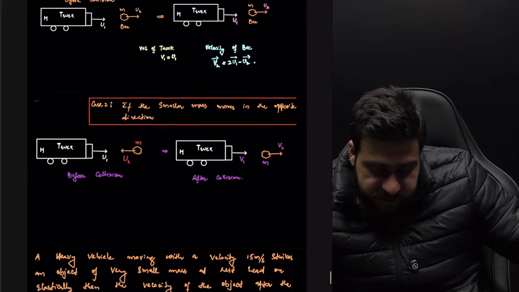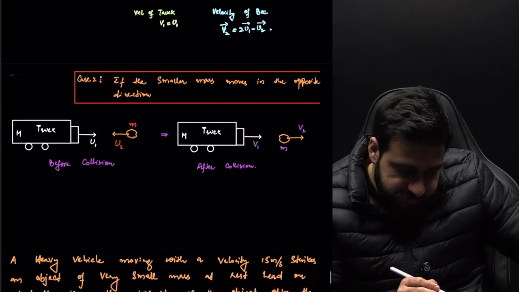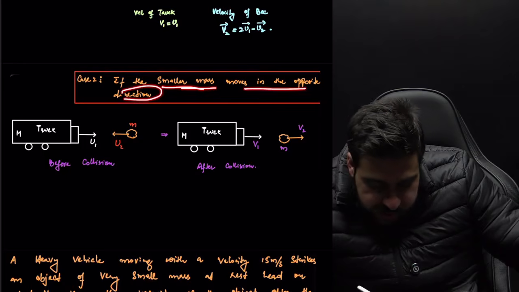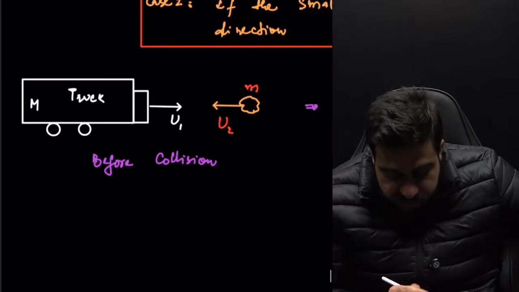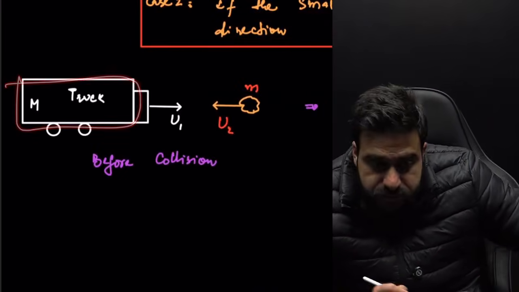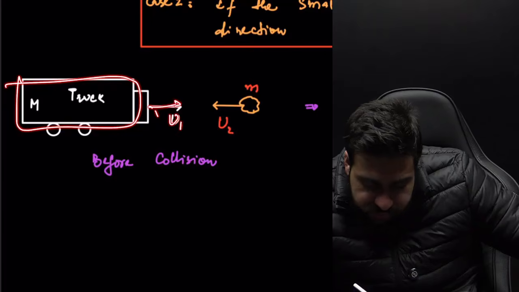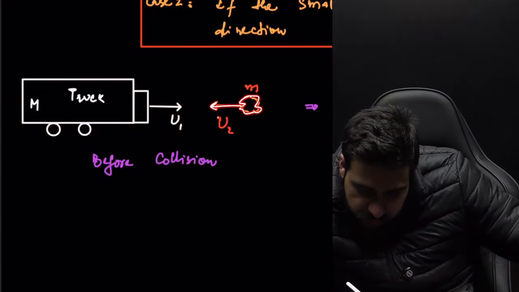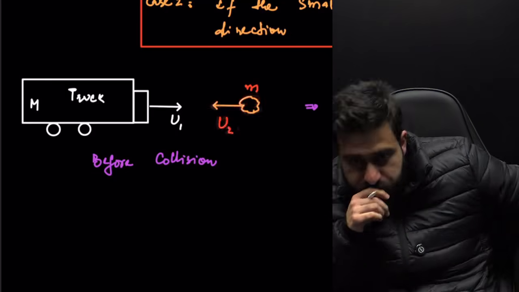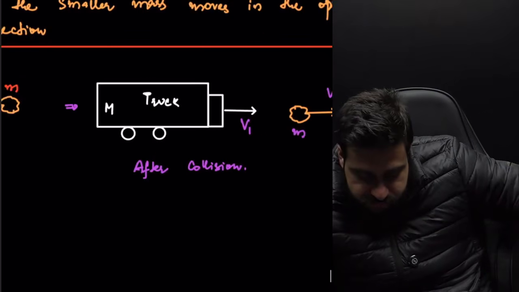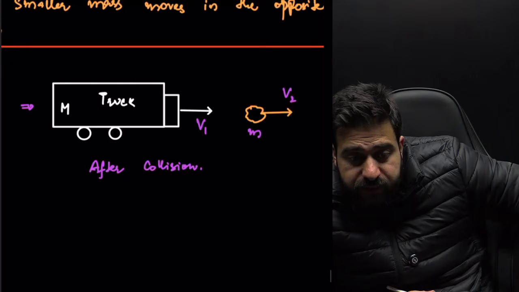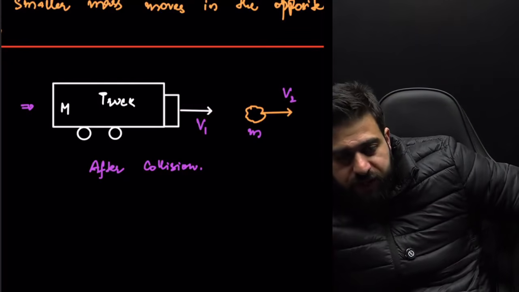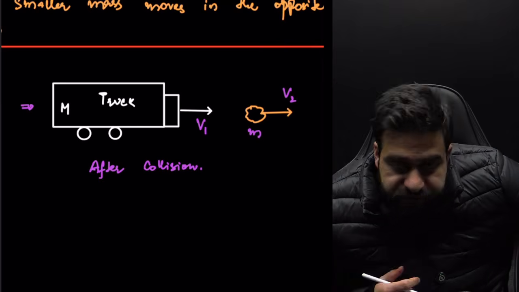Now, case 2: the smaller mass moves in the opposite direction. This is the truck, moving with velocity u1 in the forward direction, and there is this B moving with u2 in the opposite direction before collision. When the collision takes place, the truck moves with the same velocity in the forward direction; nothing happens to the truck.